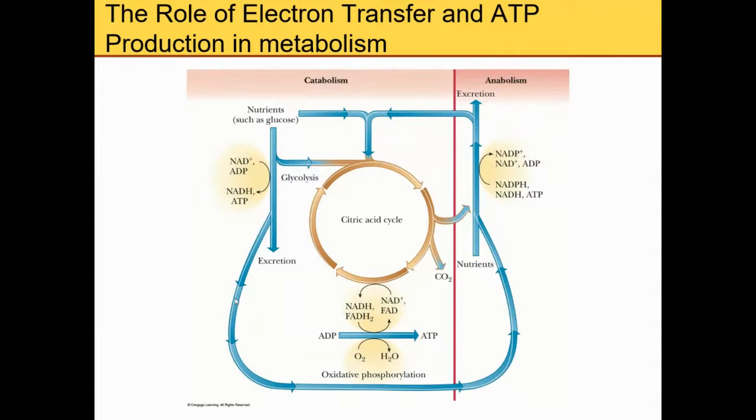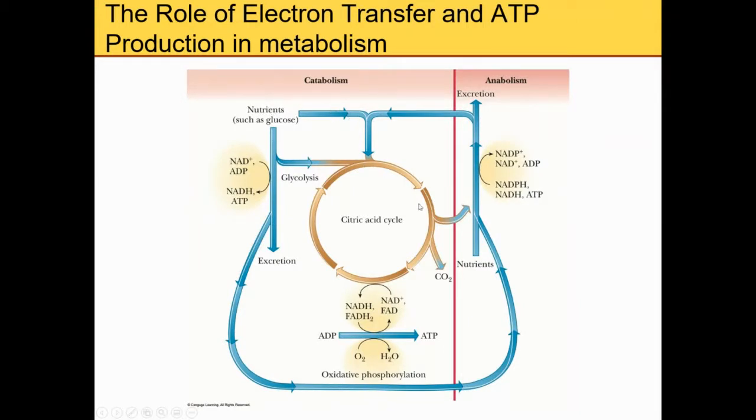And this is to show the electron transfer and the ATP production. As I mentioned, in catabolism, you break down the big molecules like glucose, all right? Glucose, fat, all right, and protein, and it's through oxidation, all right?